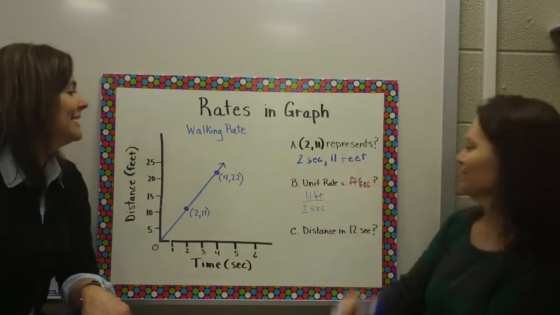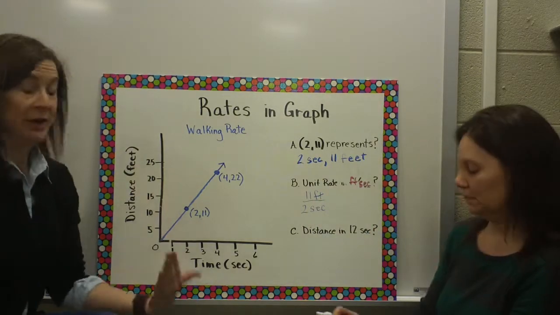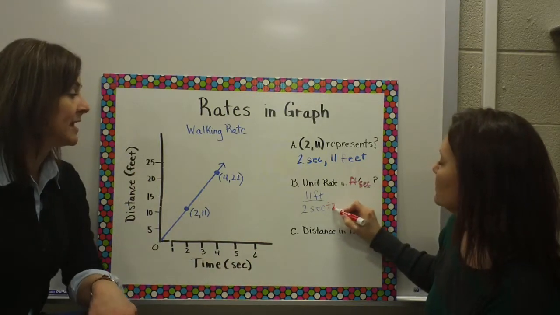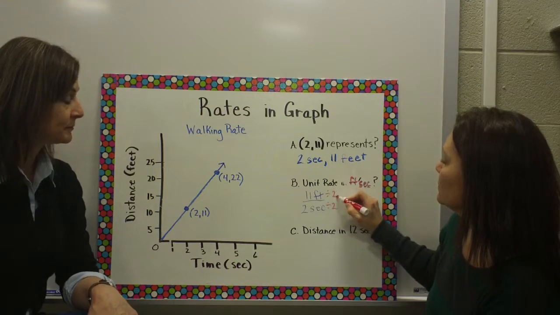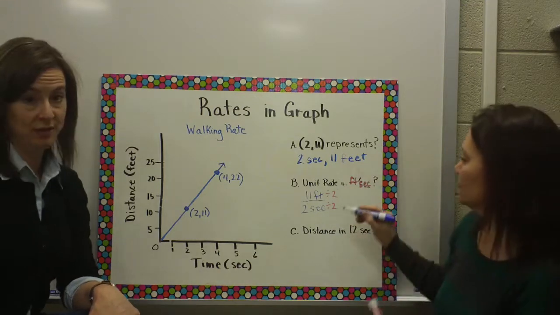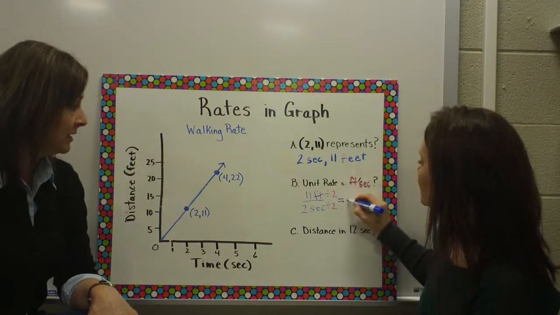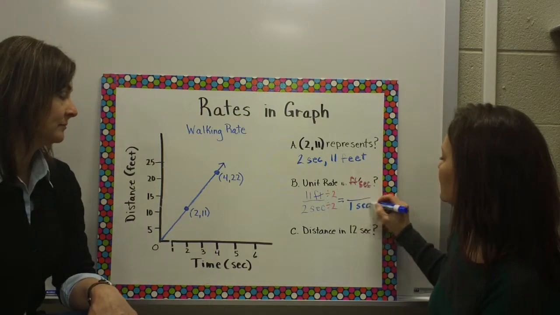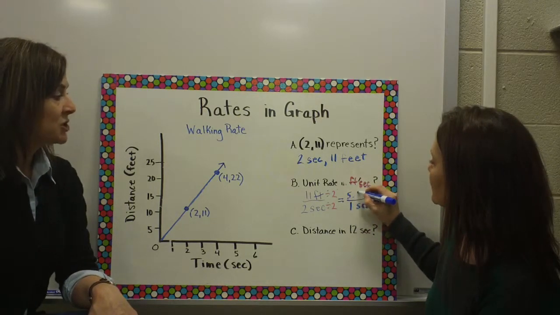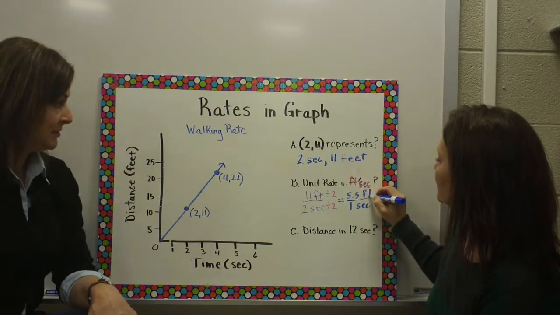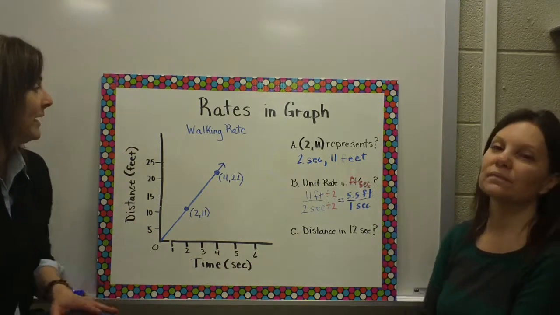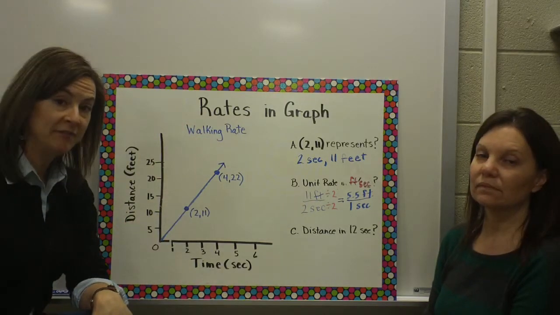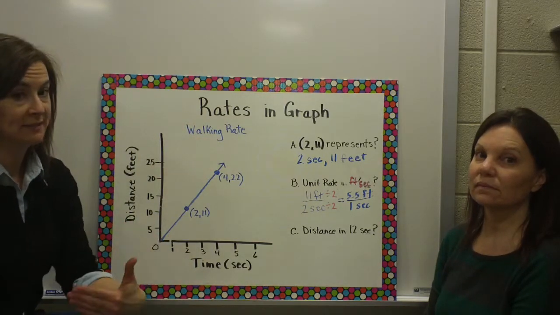To get a unit rate, we know that we divide both numbers by the denominator, so that would be 2. I happen to know that half of 11 is 5.5. And so we're going to make sure we label that feet. So we know that the unit rate for walking here is we can cover 5.5 feet for every 1 second.